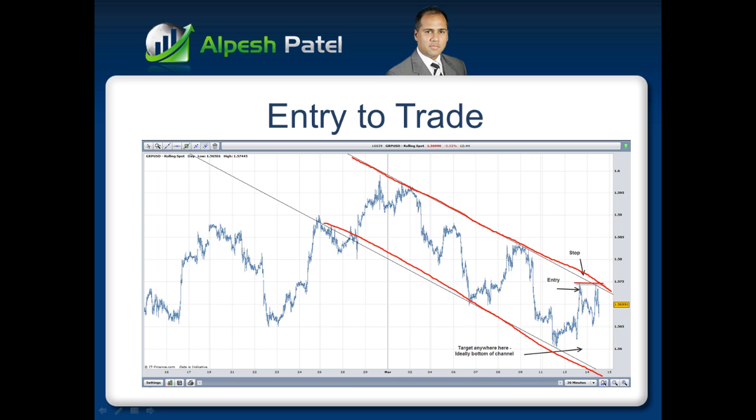So we entered near the top because we expect it then to fall from the resistance, but we place a stop on the other side of the channel because it shouldn't go through the resistance. If it does, we were wrong. So we're placing an entry expecting the price to go short and go anywhere in this direction. That's a simple buy and sell. Very simple. Every time it goes up here, we're going to go short, and every time it gets near here, we're going to go long, expecting it to go up.